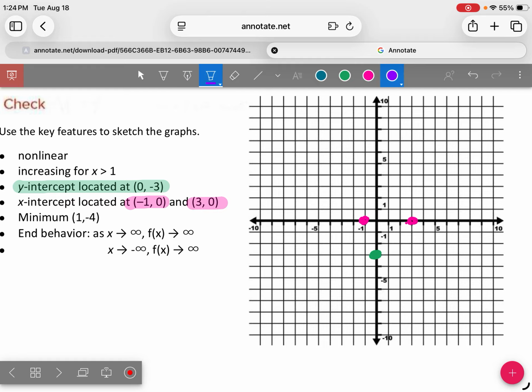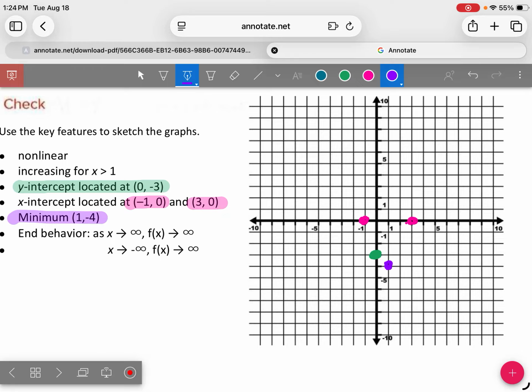And we're told that we have an absolute minimum. Our minimum here is at (1, -4). So I need to go through the pink dot, through the green dot, through the purple dot, and to the pink dot, because we're going to go from left to right when we connect these up.